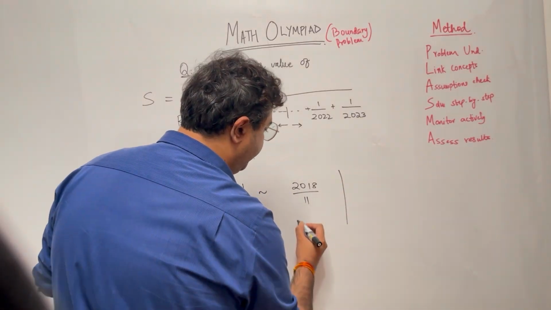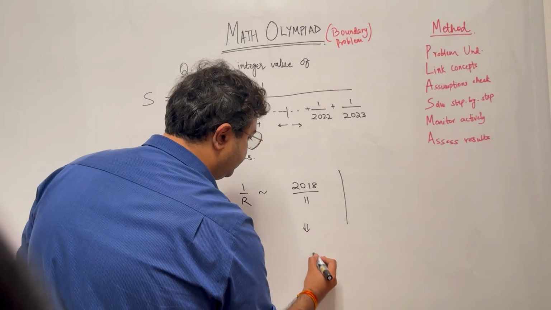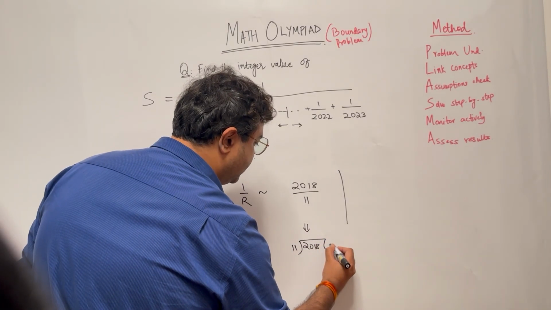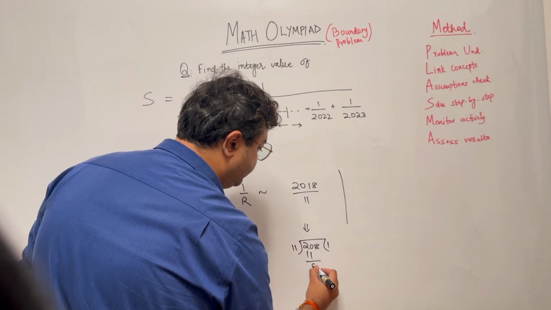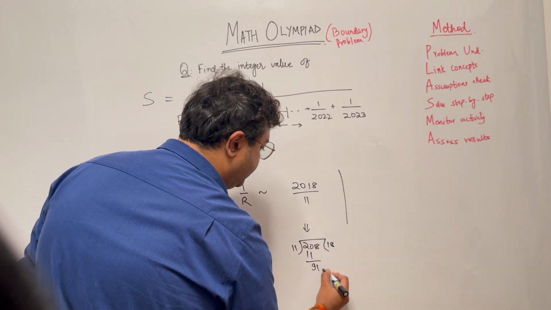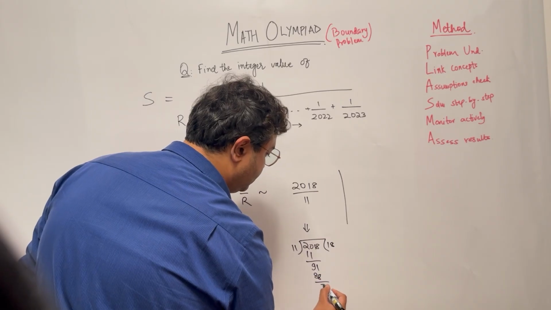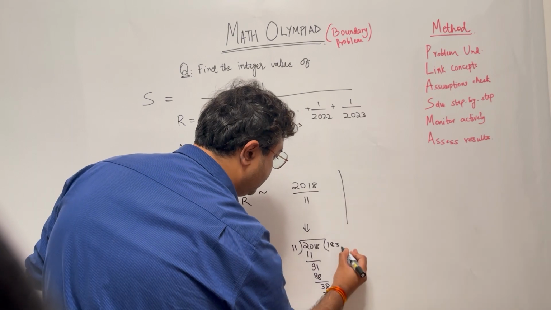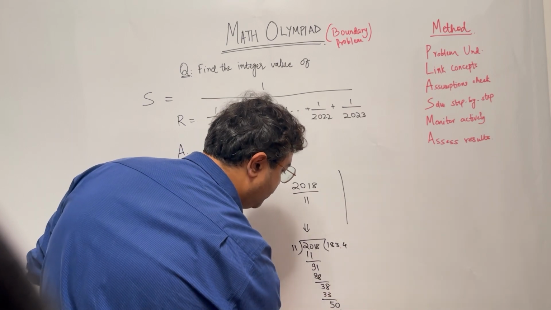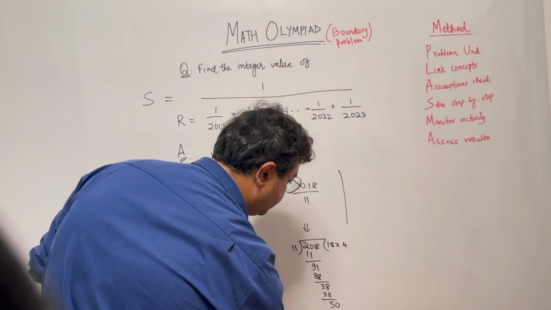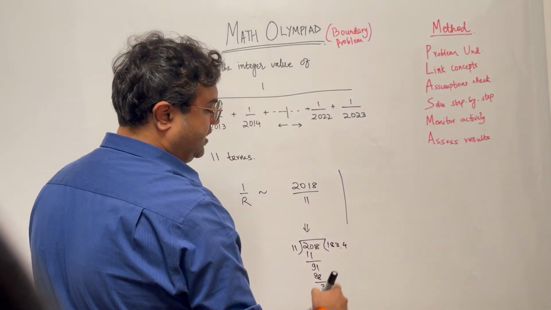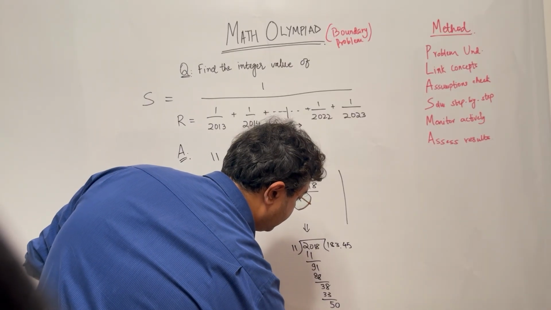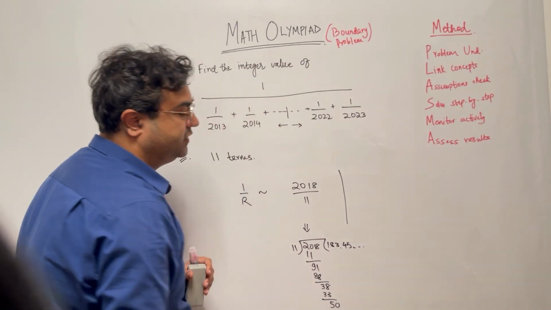So if we calculate 2018 divided by 11, this will be again 1, 8, 3.4, 5, and so on.